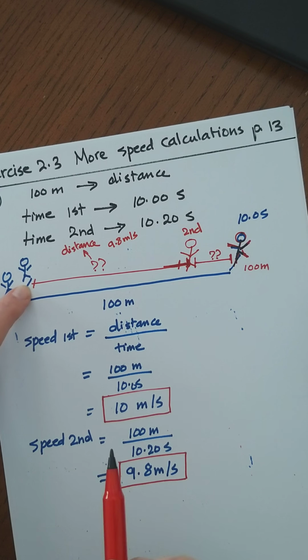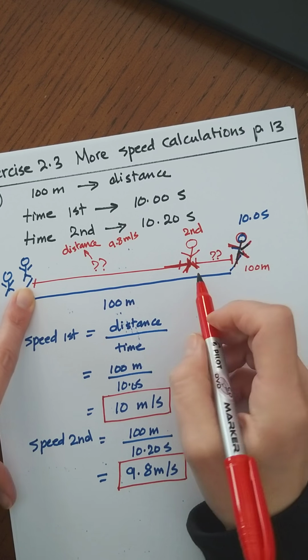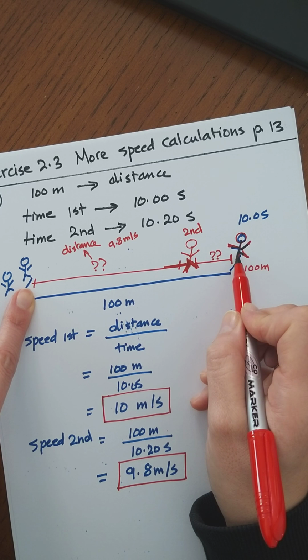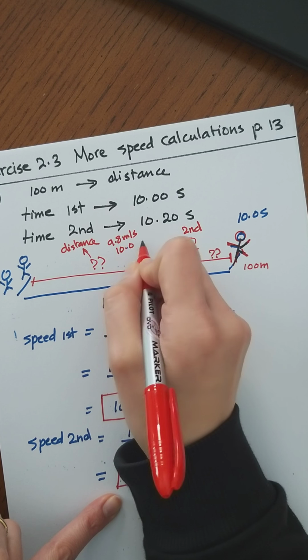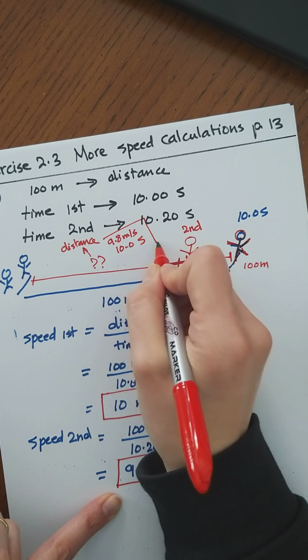And what was the time when this runner-up was at this point? When the runner-up was at this point, the winner was finishing the race. At the beginning of the question, they told us that the winner finished the race at 10 seconds. So at this point, the runner-up had the average speed of 9.8 meters per second, and the time was the time that the winner finished the race, which is 10 seconds.